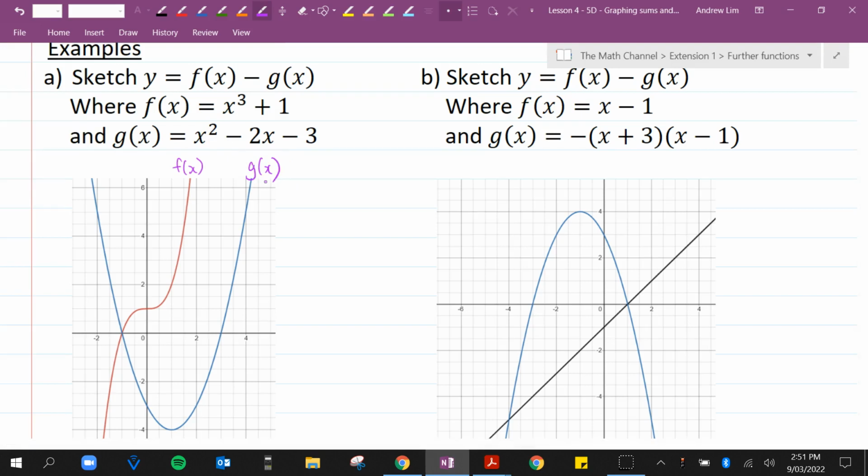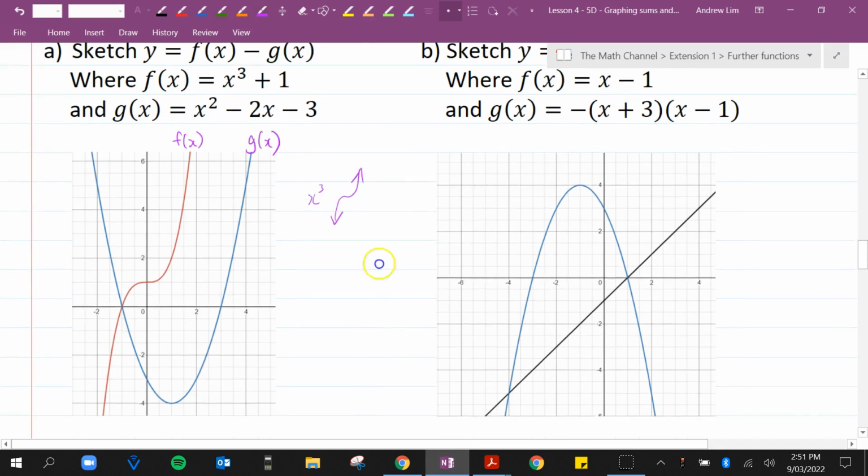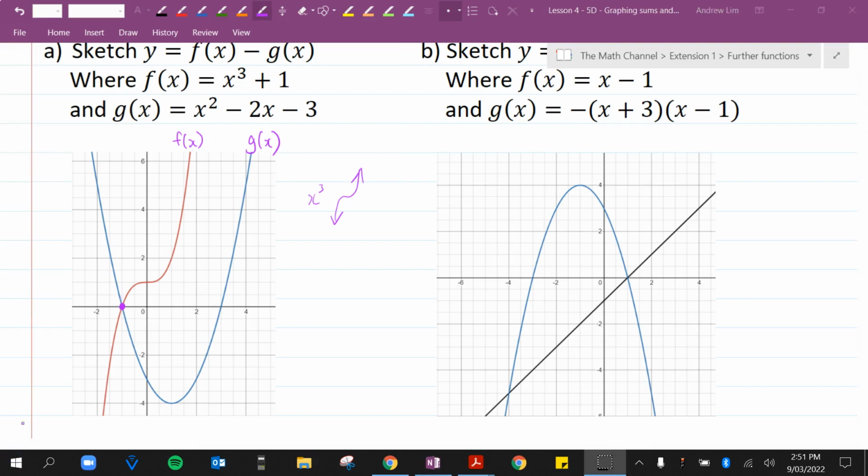Now here, if we were to do that, x cubed minus the other one, our new function will be x cubed something. So it's also going to be a cubic. So just keep that in mind. Intersection point is 0. Seems like that's the only one, so I think that might be the only x-intercept.